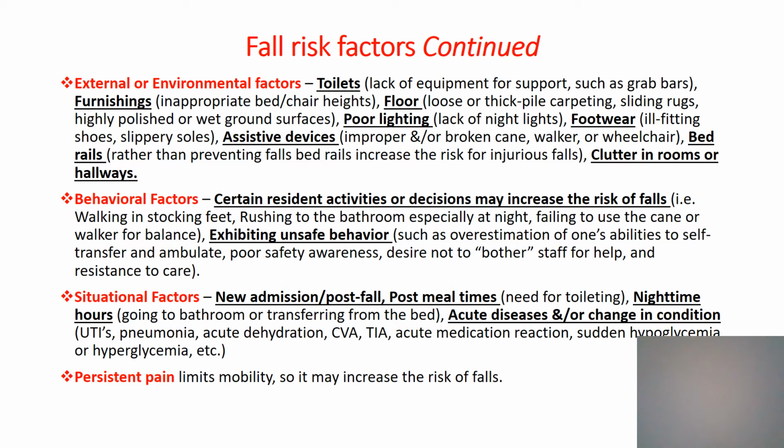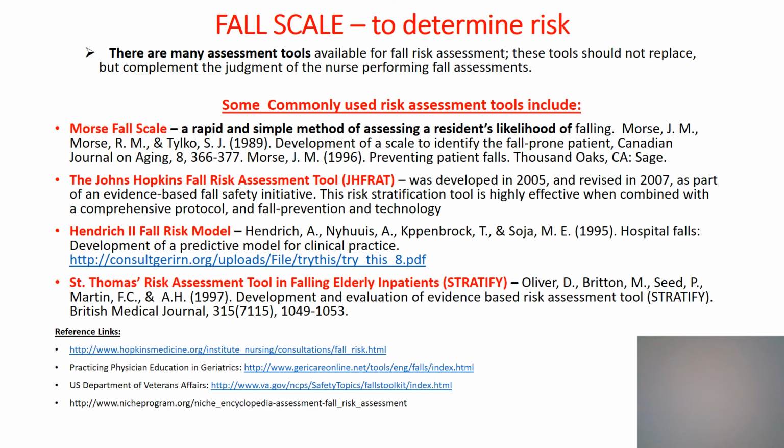Situational factors. A lot of times it's due to acute diseases or change in condition. And as they get elderly, you'll see a lot more problems with UTIs, pneumonia, dehydration. So you want to make sure that we're taking every care possible to help them not get these conditions, or if something does happen, we're catching it quickly. Persistent pain limits mobility, so there's an increased risk of falls.